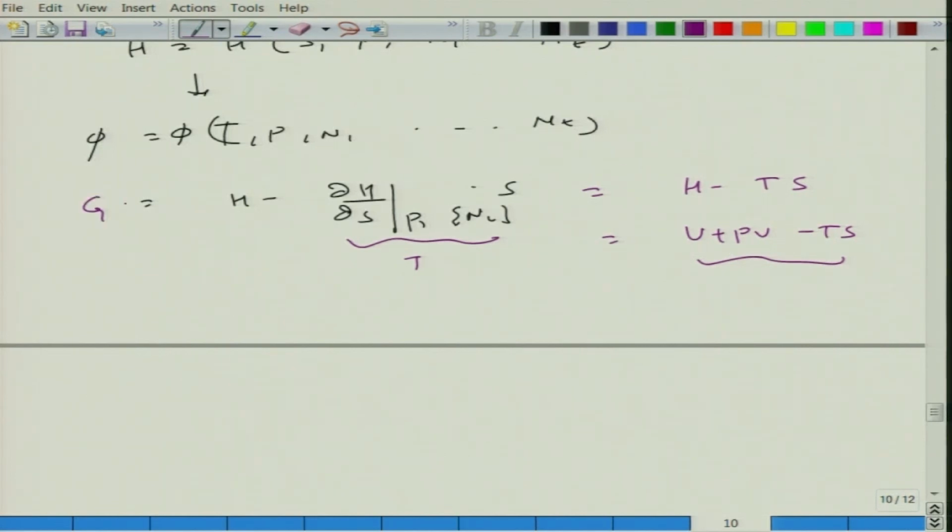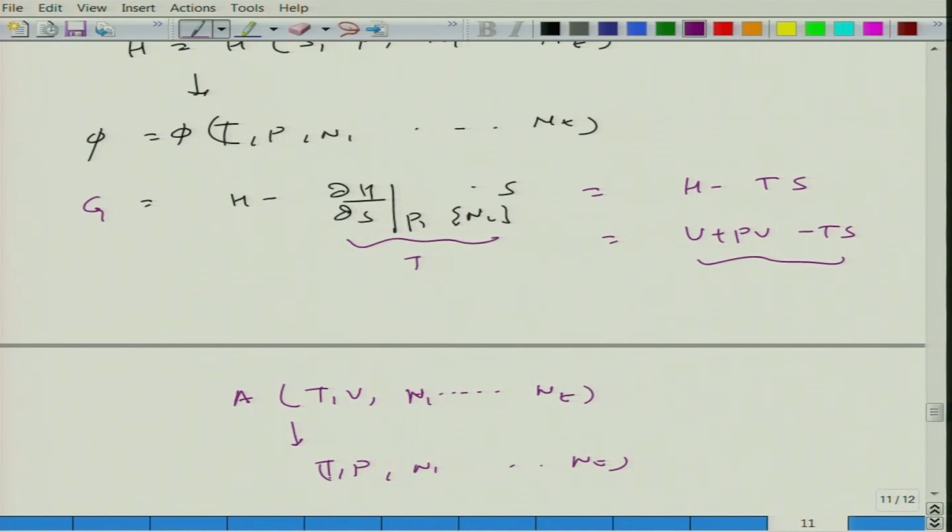So, you can consider changing all these variables sequentially, or you can consider all the variables to be changed by these derivatives. That is also feasible in this mechanism. Similarly, I can also consider a as a function of t, v, n 1 and n t, and I can get a function of t, p, n 1 and n t.